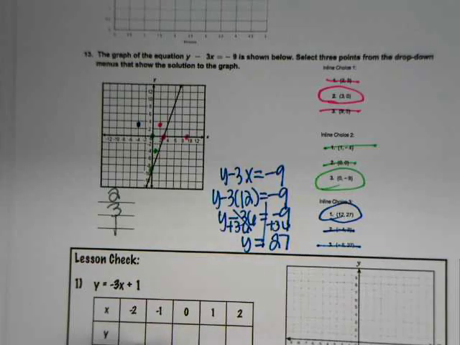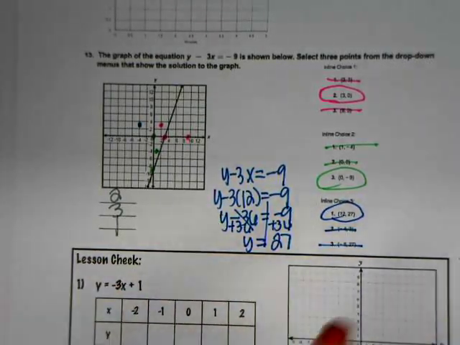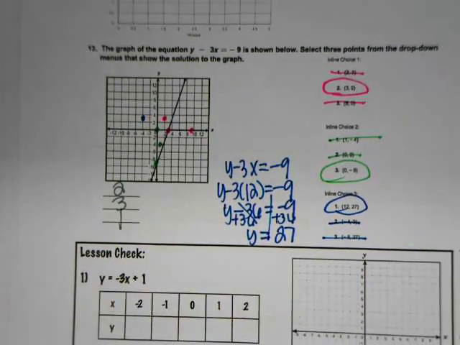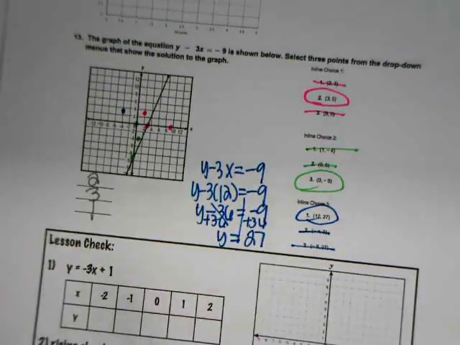So for the first one, you're just making a table, plugging them and plotting points. For number 2, you're putting like letters that go with those words from here.